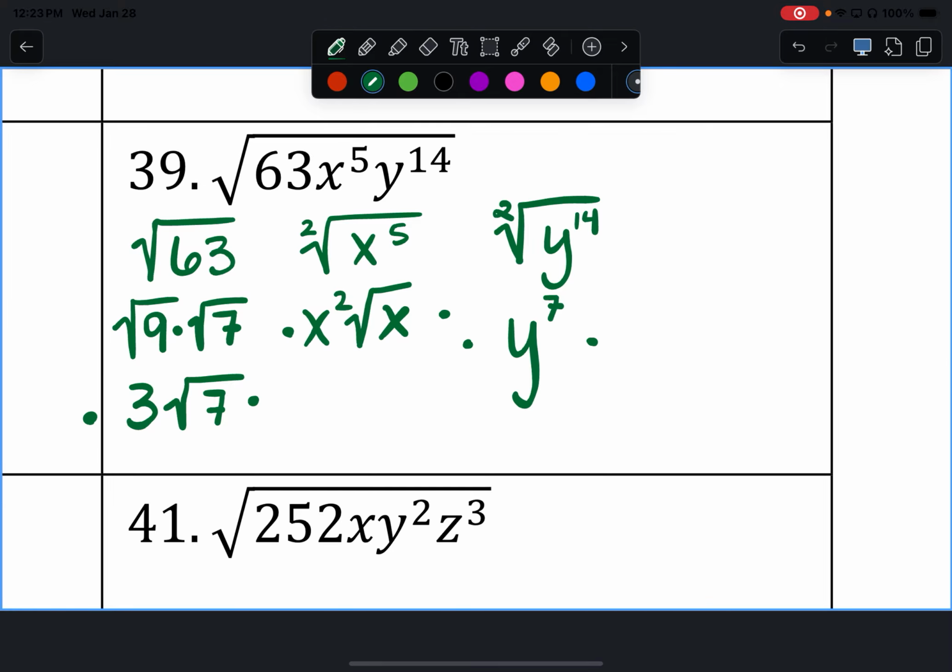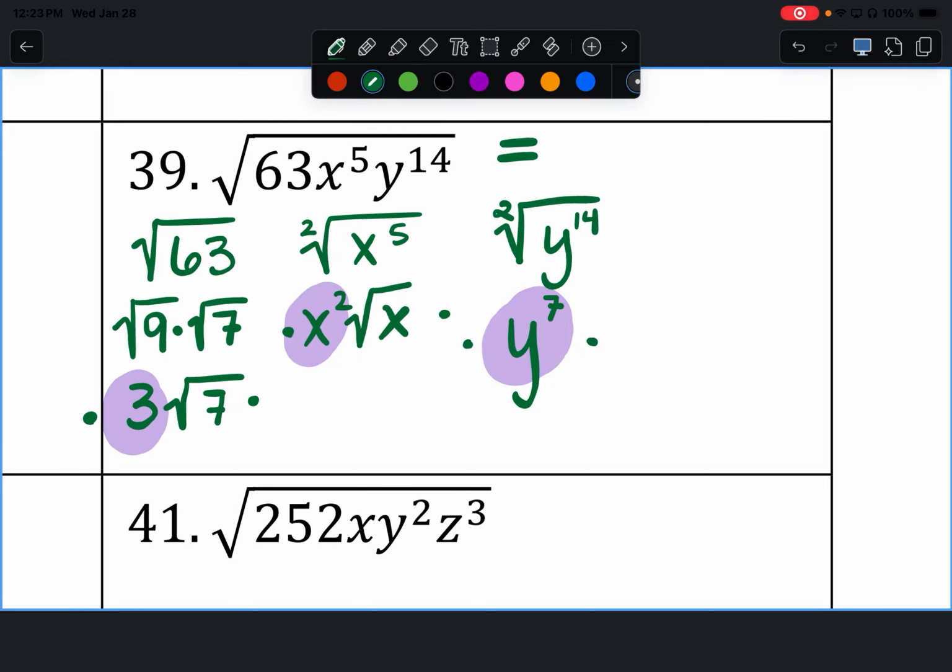So what we do when we have to combine those pieces, what is outside of the radical is going to stay outside of a radical. What is inside of a radical will stay inside of a radical, okay? So if we look at these, the pieces that are outside of a radical are 3, x squared, and y to the 7th.